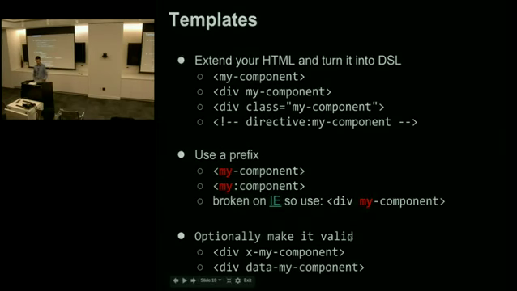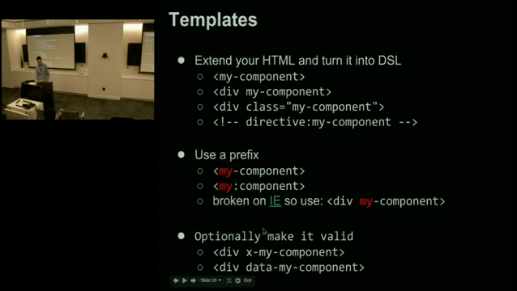Optionally, on one last note, it's possible to make your HTML standards compliant and valid by adding prefixes to your attributes when you're adding directives, if you're using the attribute syntax. By itself, the my-component syntax as an attribute is not valid HTML because my-component is not part of the standards specification.